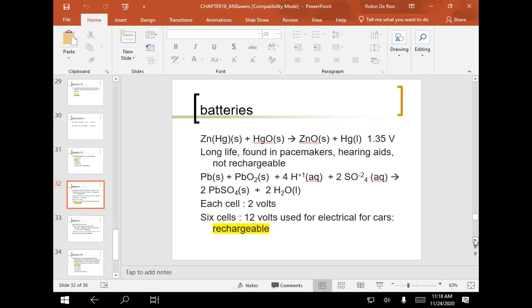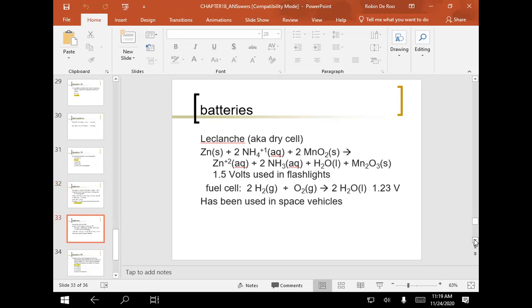Oh yeah, this is extra information that I am giving. And this was the one where you find it in the car. Oh yeah, this is another name for this cell, and that's a fuel cell.